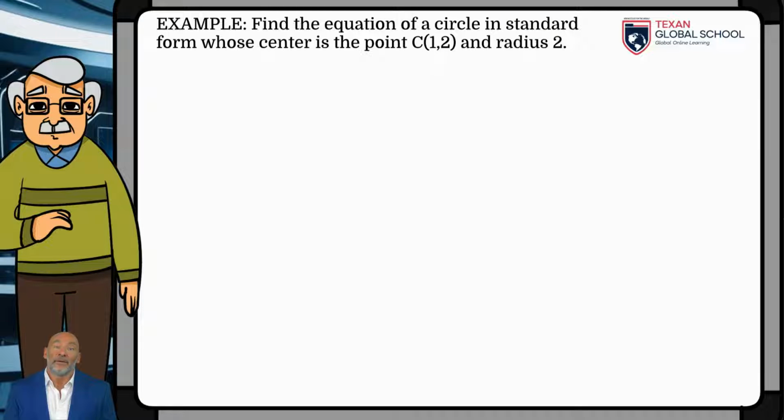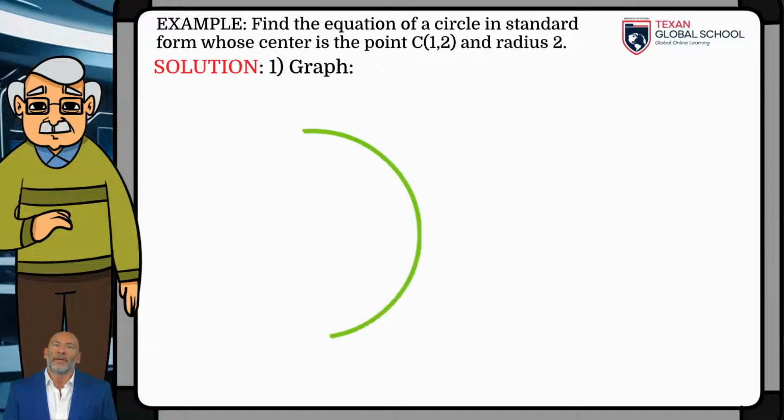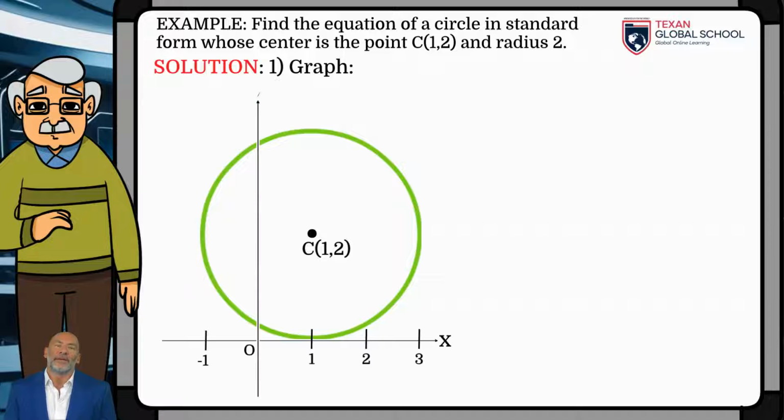Find the equation of a circle in standard form, whose center is the point C, of coordinates 1, 2 and radius equal to 2. In this case, we can graph directly. So, start from the center, C, of coordinates 1, 2.